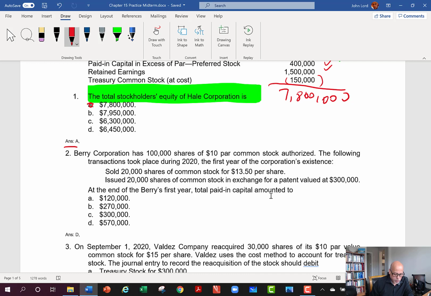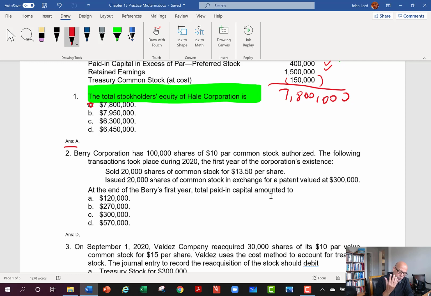Berry Corporation has $100,000 of $10 par common stock authorized. The following transactions took place during 2020, the first year of the corporation's existence. Sold 20,000 shares, issued 20,000 shares of common stock in exchange for a patent valued at $300,000, and they want to know what the total paid in capital should amount to.